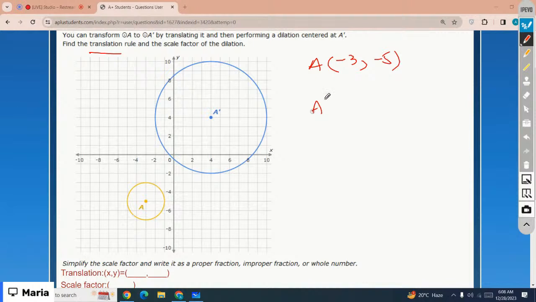Now the center of A dash is (4, 4), right?